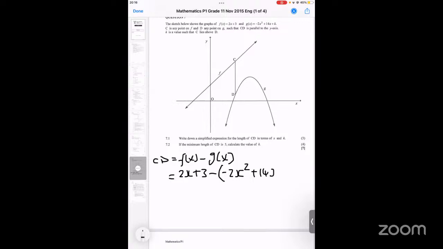And then we can multiply the minus into the bracket, which will make the 2x squared positive. And then negative 14x plus 2, which will be negative 12x. Plus 2 should be that, but let's finish with the multiplication.